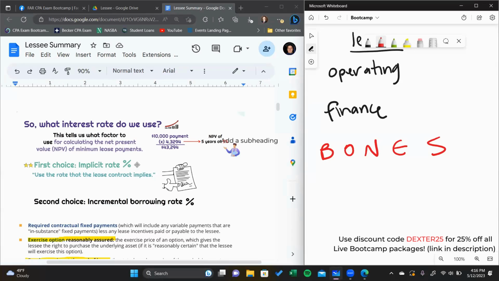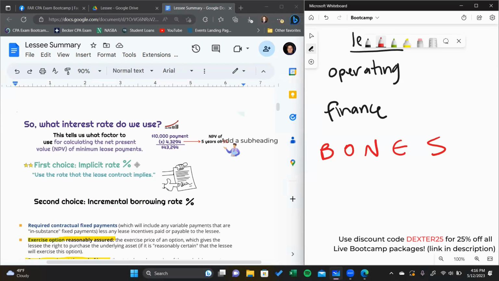However, the lessee is not always aware of this rate. So the general rule is you always want to use the implicit rate for purposes of discounting to the present value, unless in the problem they tell you that the lessee is not aware of what this rate is.